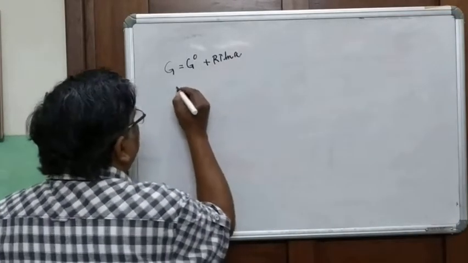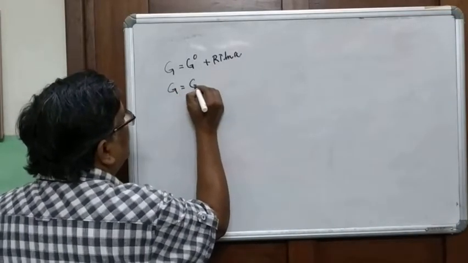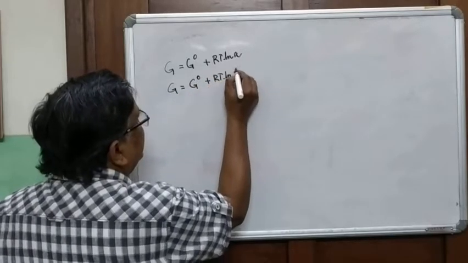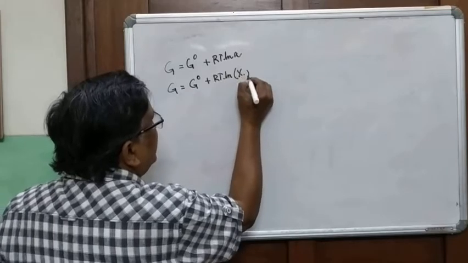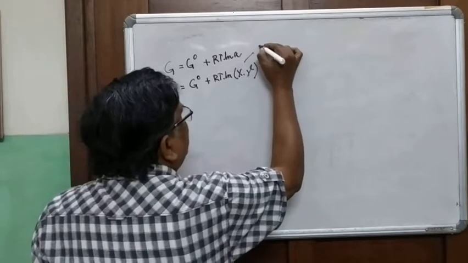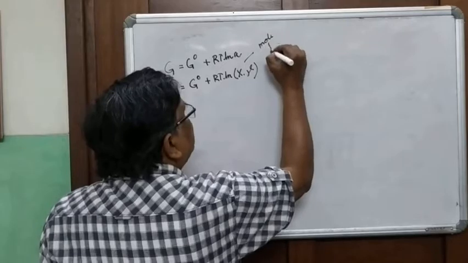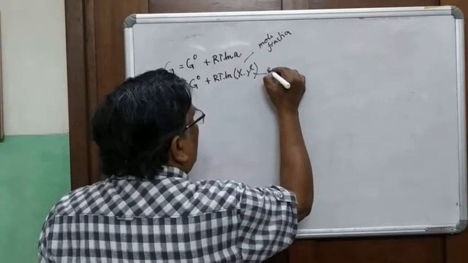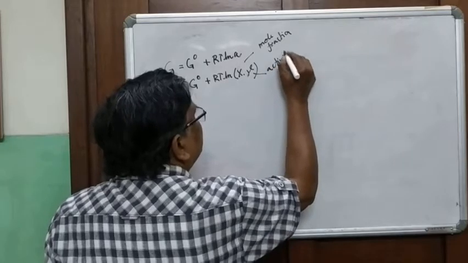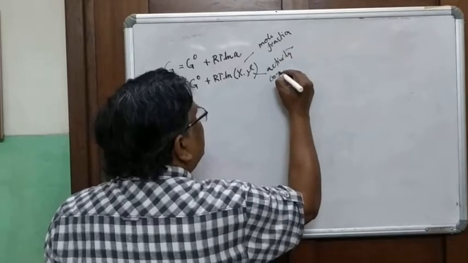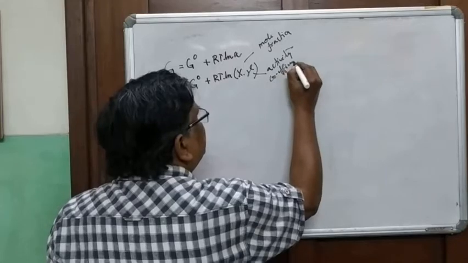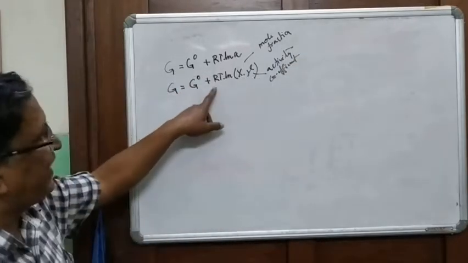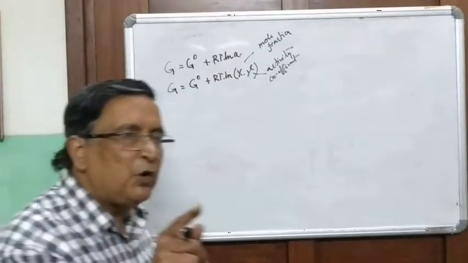It can be written as G is equal to G0 plus RT ln x into gamma, where x is the mole fraction which we were talking about so long, and gamma is called the activity coefficient. This is the expression, and this is where the phase component is impure.